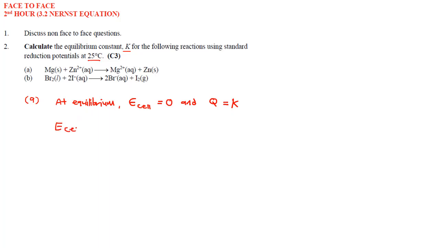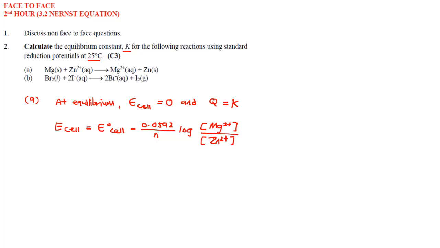Okay, E cell is equal to E0 cell minus 0.0592 over n, log concentration of ion in the product, which is our magnesium, over concentration of ion in our reactant, which is zinc ion.